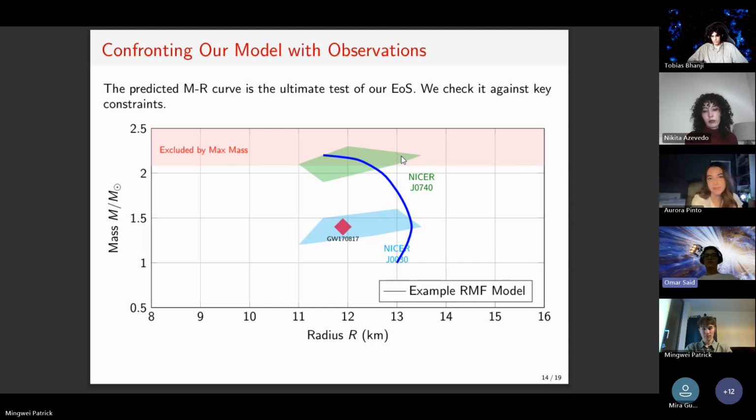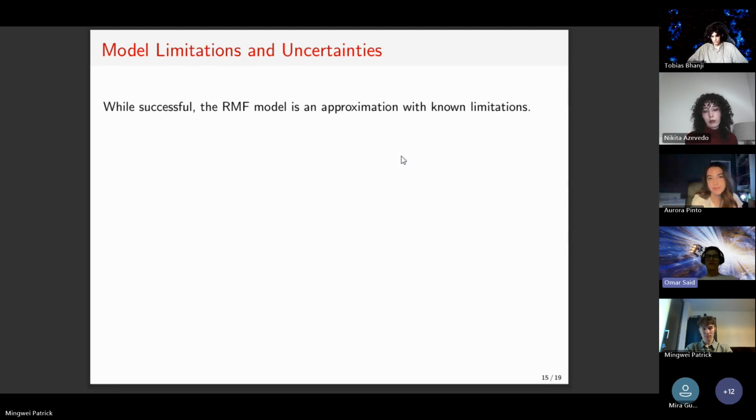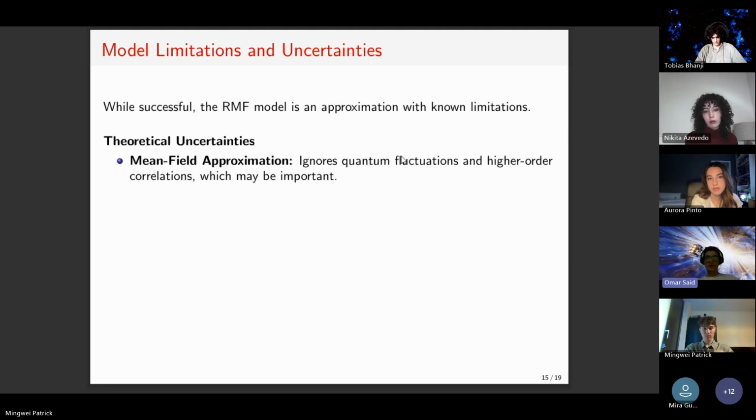So next one, we will talk about some limitations and uncertainties of the model itself, because the RMF model is an approximation with known limitations that we are going to discuss. There are theoretical uncertainties, and the first one is the mean field approximation. We ignore some quantum fluctuations and high order correlations, which may be important.